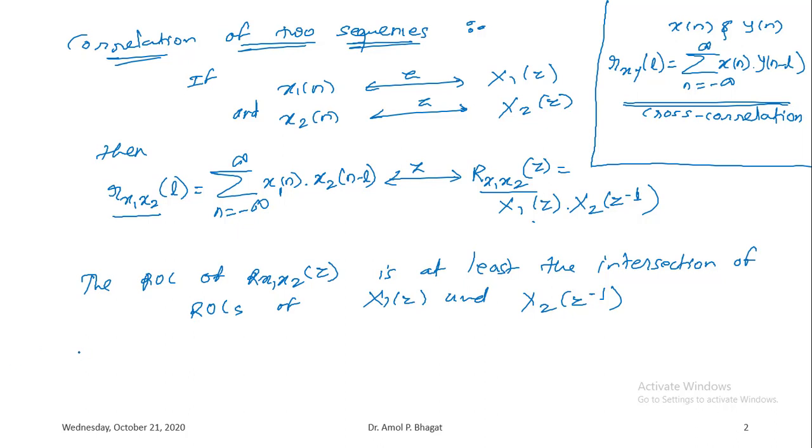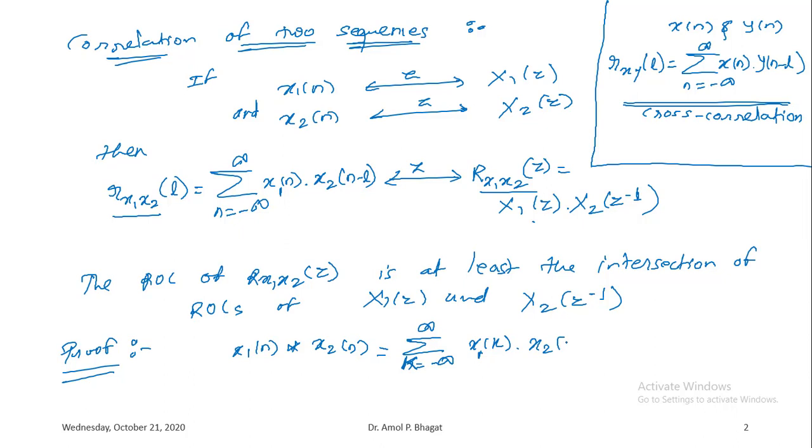So in the proof we can write, here we know that the convolution, if I want to indicate the convolution of x1 of n with x2 of n, the convolution formula will be summation k is equal to minus infinity to infinity x1 of k into x2 of n minus k.